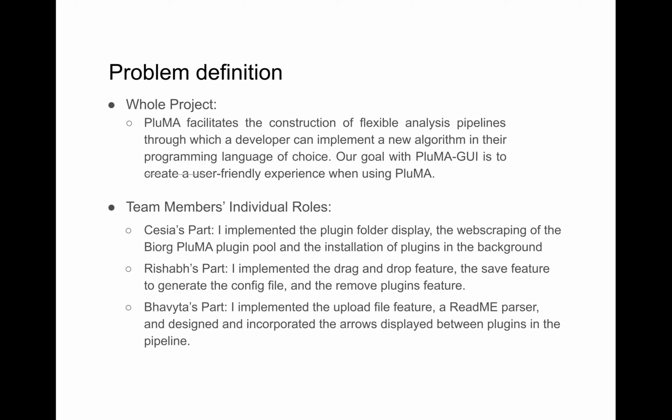Since there's an input and output file associated with each specific plugin, you can't upload an input file before adding a plugin, because every time you upload a file, there needs to be a check if it is actually compatible with the plugin that you're associating it with. So if you try to upload a file without adding a plugin, it's going to give you an alert to add a plugin first.